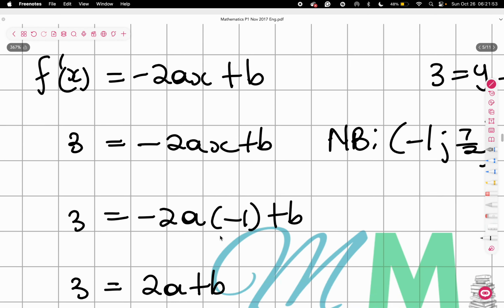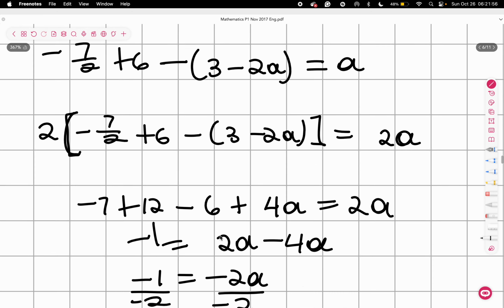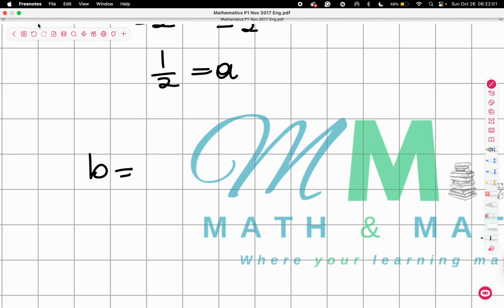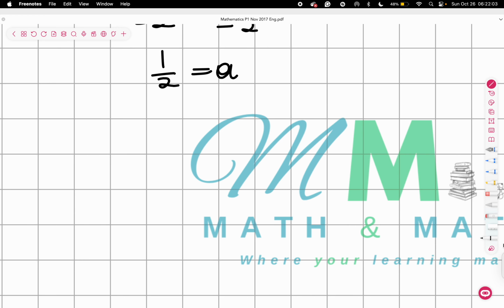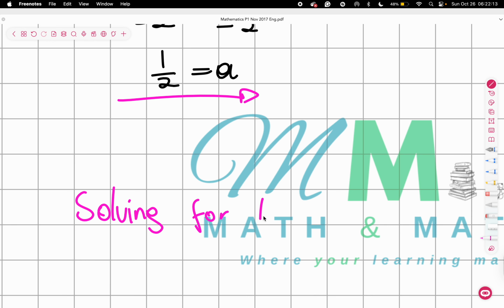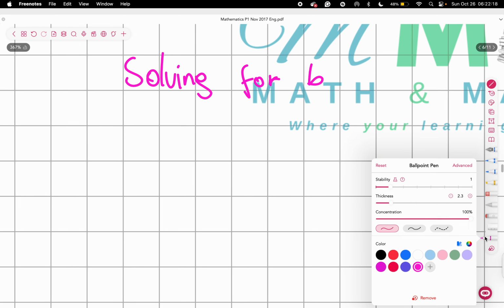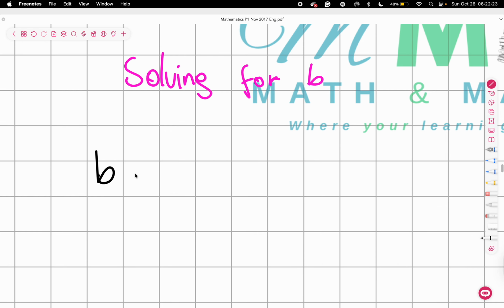Then we can solve for b. So b is equal to 3 minus 2a. So we found what a is.